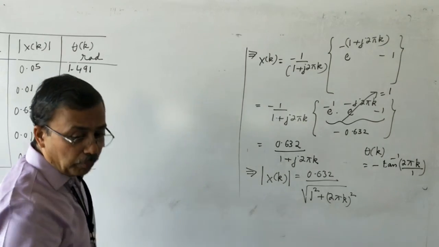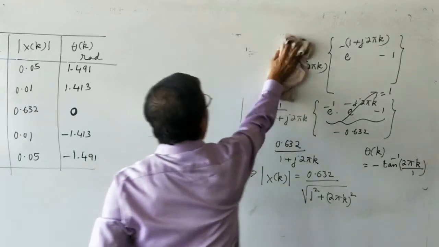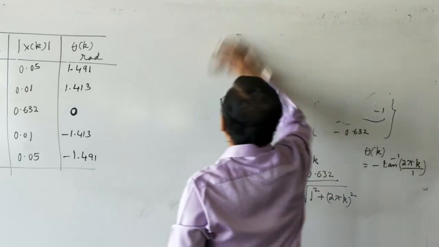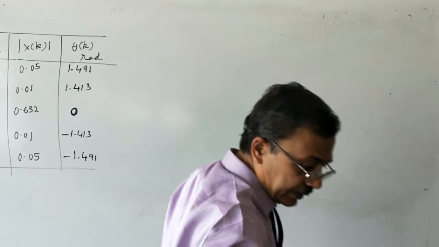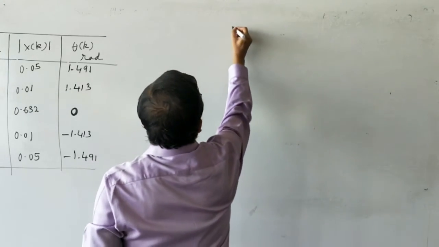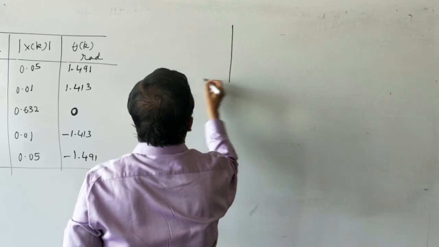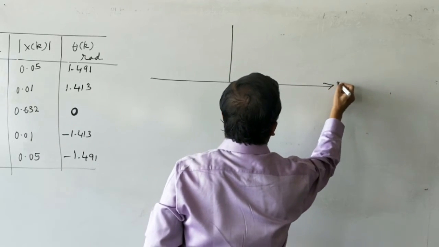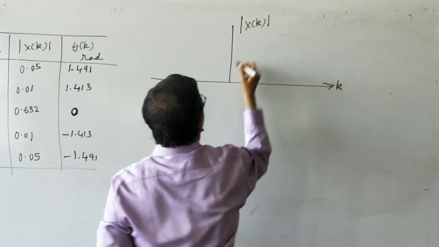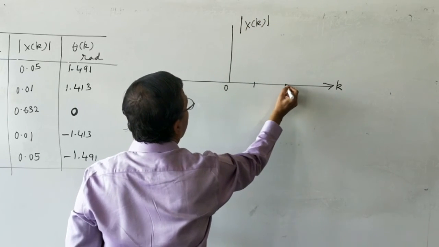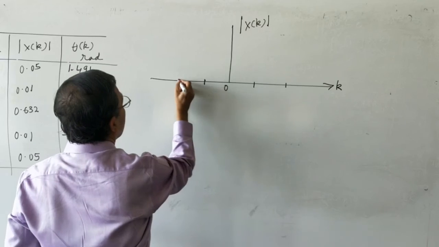I am going to plot the spectrum now. X-axis is k, y-axis is magnitude of X of k: 0, k1, k2, k-1, k-2.